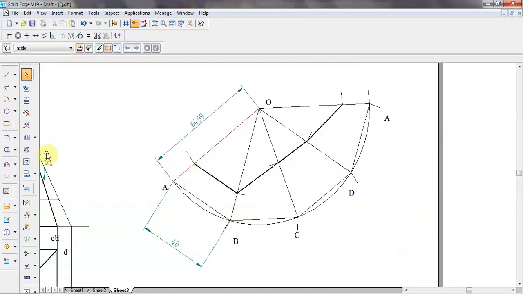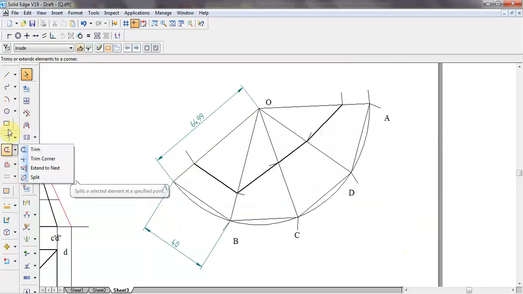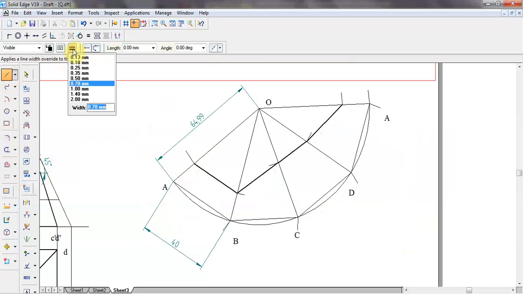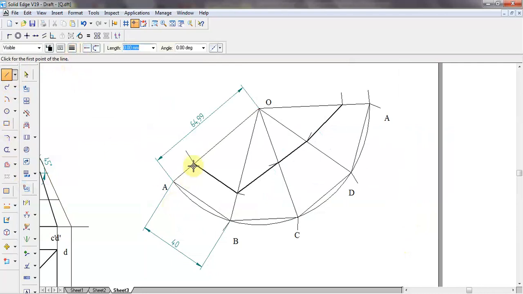These portions we should make dark. For that, either you can draw a dark line here if you want, make it dark, from this point to this point, here to here, here to here. Or you can go for the split command and split the line and make it dark. Any way you can choose to draw the line.